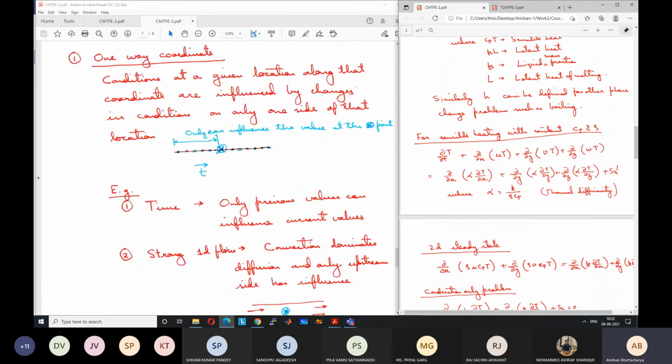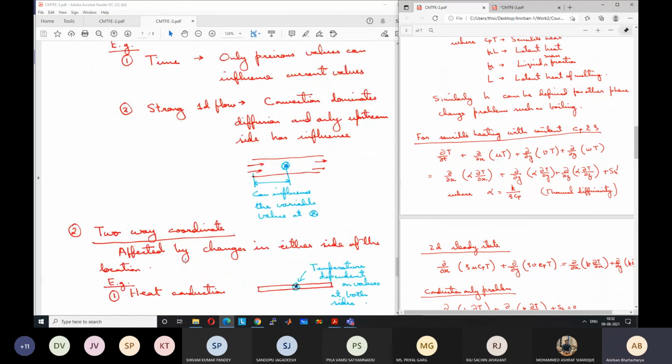On the other hand, a two-way coordinate is a type of problem where the change at any point influences the variables on both sides. This is very dominant in strong diffusion problems, like heat conduction.